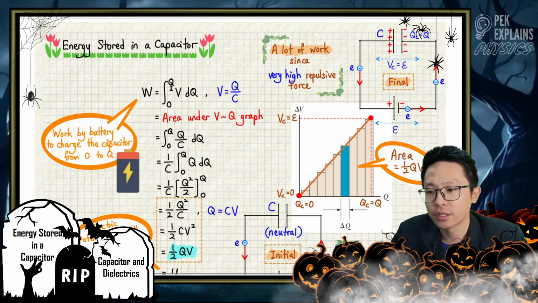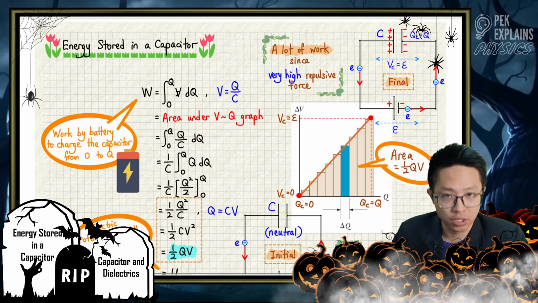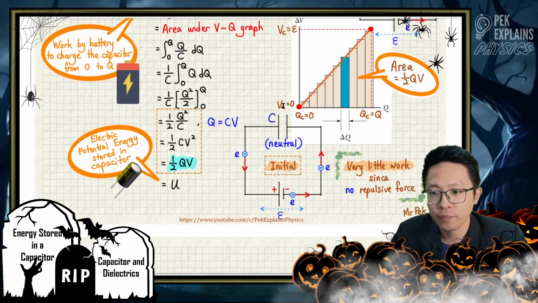We know that the voltage is changing, because initially the capacitor is neutral, so the voltage across the capacitor is zero. Since the capacitor is not charged up, the voltage is zero and the charge is also zero: V_C is 0, Q_C is 0.